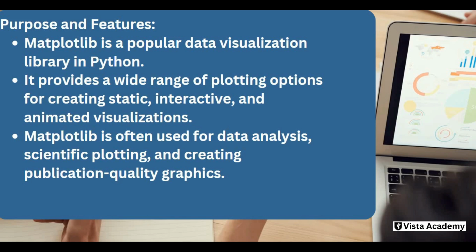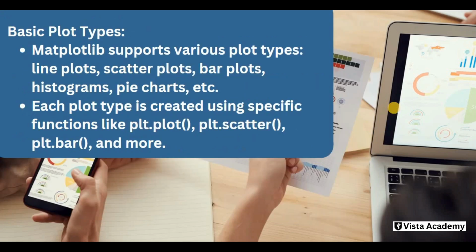So we can even create animated visuals using the Matplotlib library. Matplotlib is often used for data analysis, scientific plotting, and creating publication quality graphics. So it is used for scientific plotting and even for publication quality graphics, and data analysis is one of the uses we will apply with this Matplotlib library in Python.